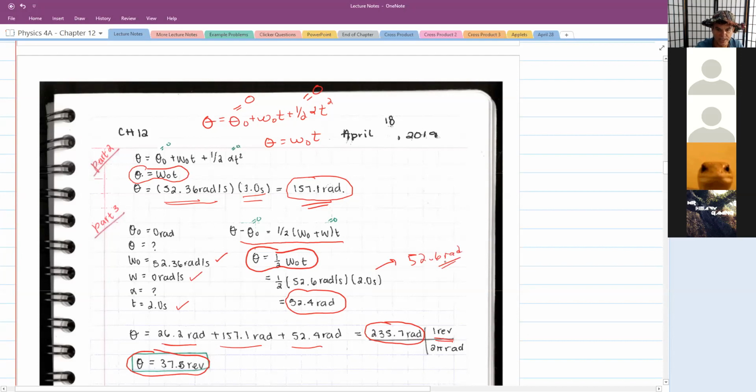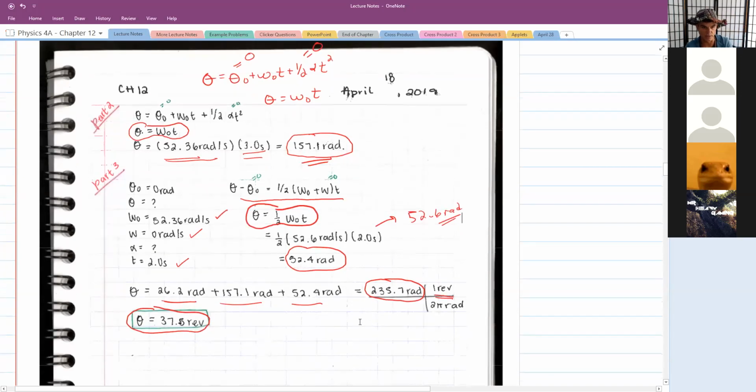And then all I'm doing is adding all 3 of these together. So 26.2 plus 157.1 plus 52.6, I get 235.9 radians, which when I divide by 2 pi gives me 37.5 revolutions.